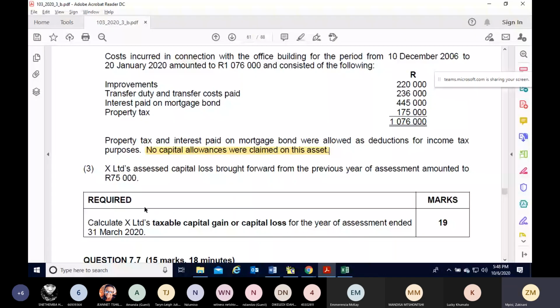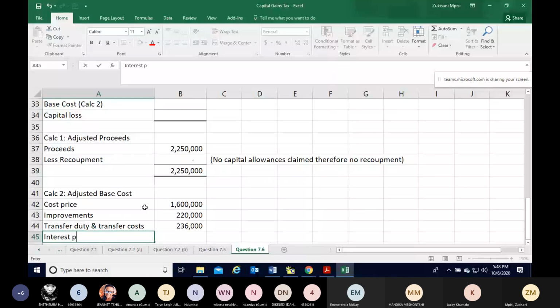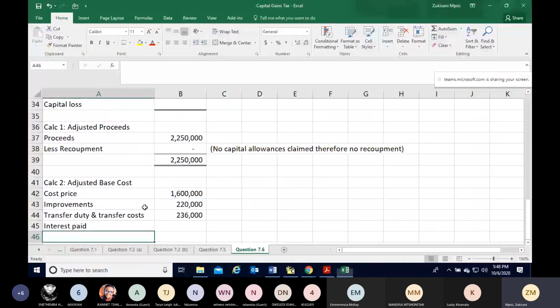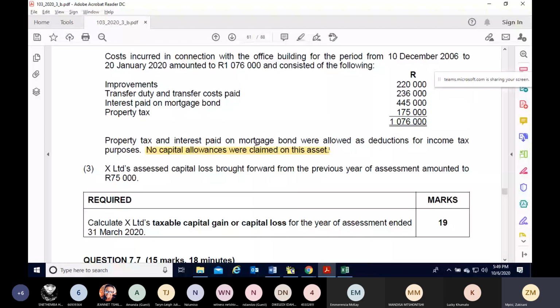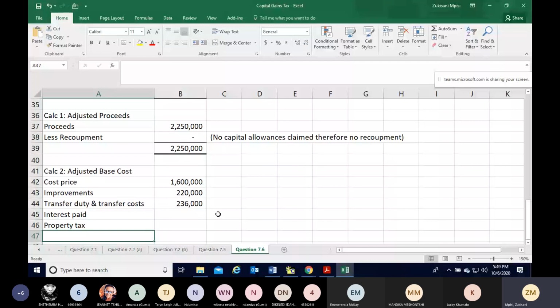You've got interest paid on mortgage. And then you've got property tax. They tell you that property tax and interest on mortgage were allowed as deductions for income tax purposes. So it's always important that this flows into your solution.